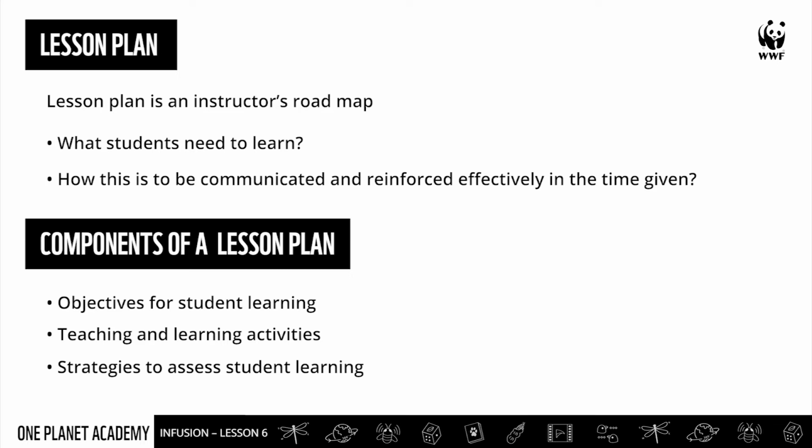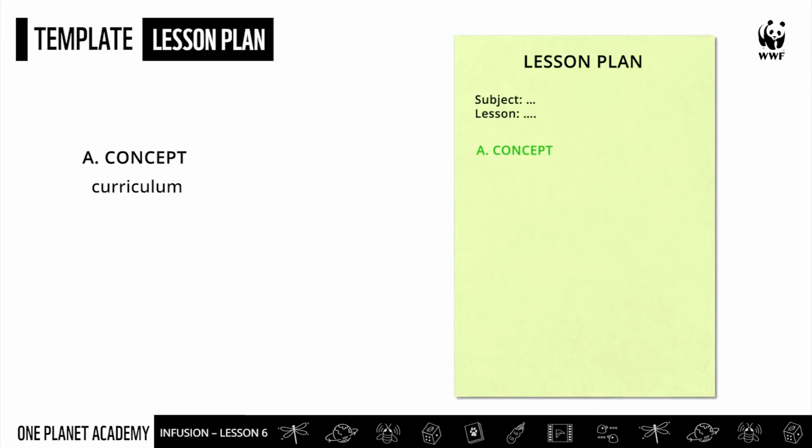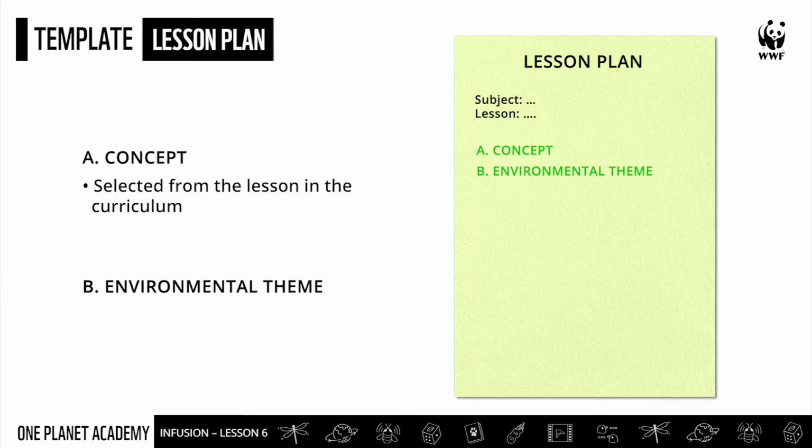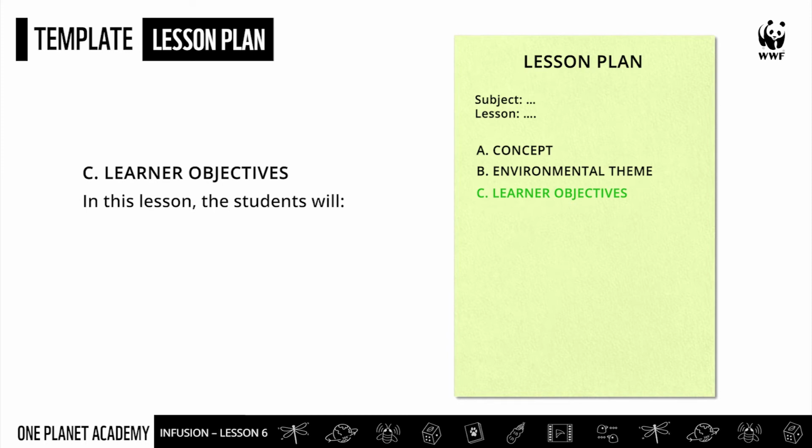Let's now look at a lesson plan's typical template. The lesson plan may begin by stating the concept from the curricular lesson and environmental theme linked to the concept. This sets the background of the lesson. Next comes the learner objective, where we list what the students will learn or do in the infusion lesson.